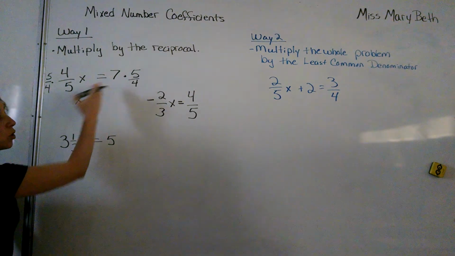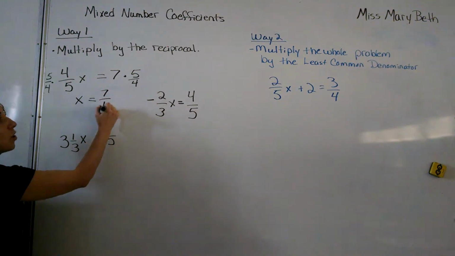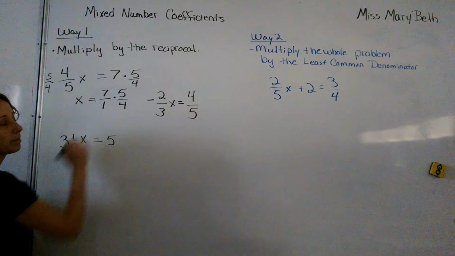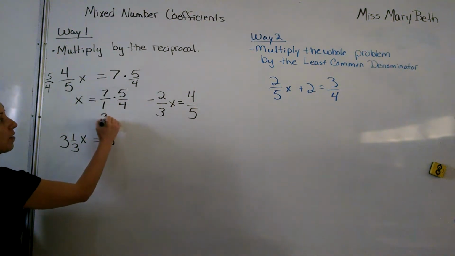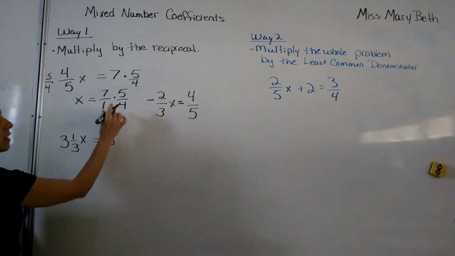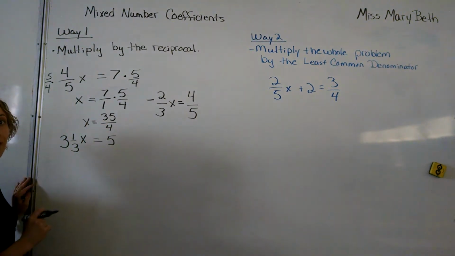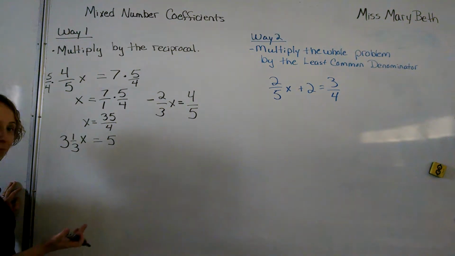We want to make the whole number look like a fraction, so we're able to multiply better. We're going to write it as 7/1 times 5/4. Now I can multiply. 7 times 5 is 35. 1 times 4 is 4. X equals 35/4.